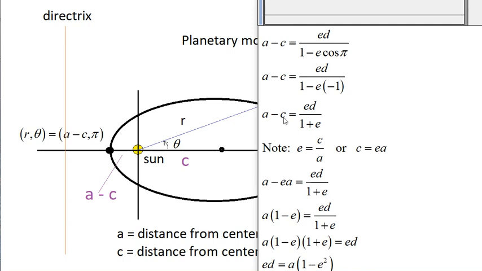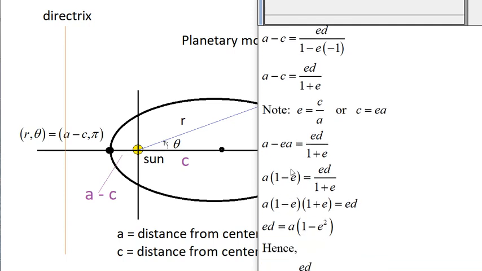In the place of c, we have e times a. Common factor is a, so we can rewrite this as a times 1 minus e is equal to ed divided by 1 plus e.